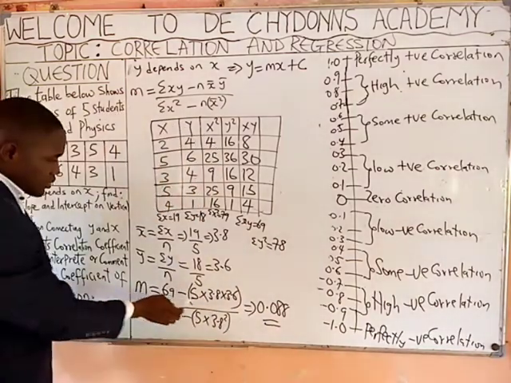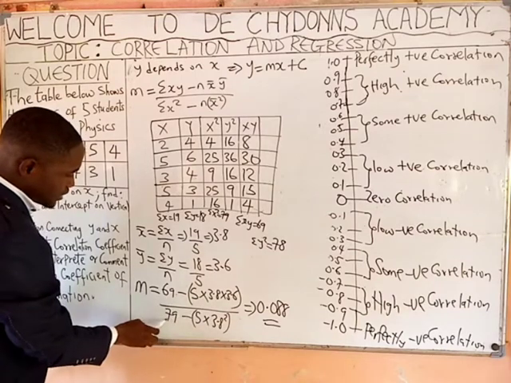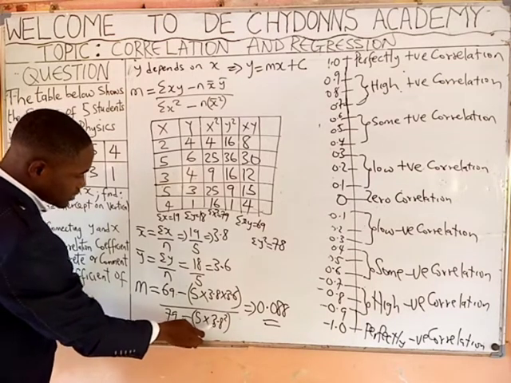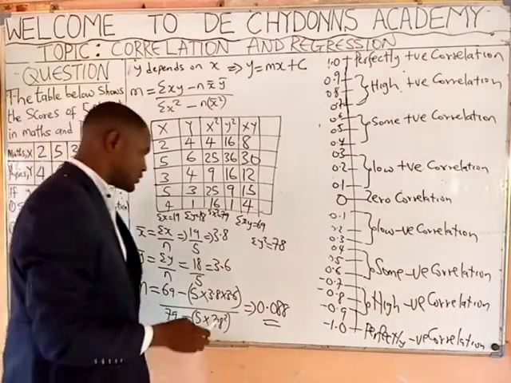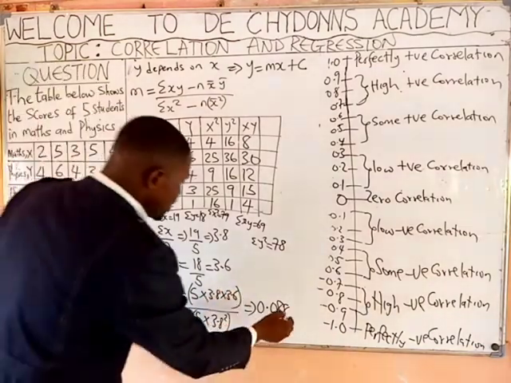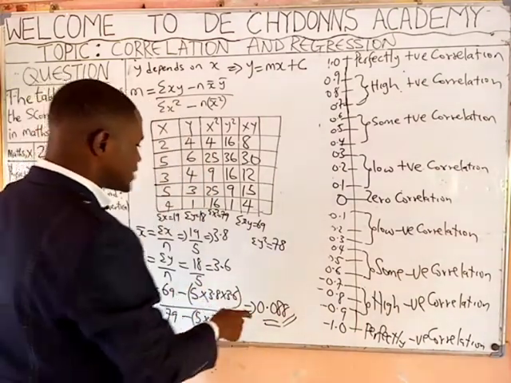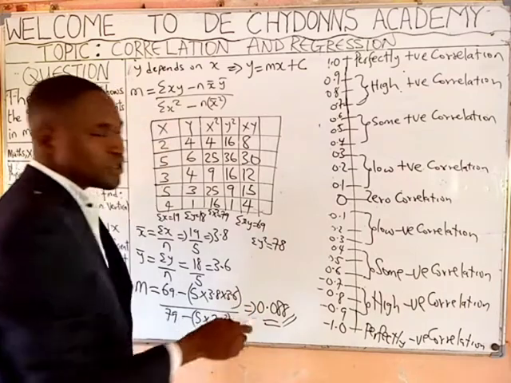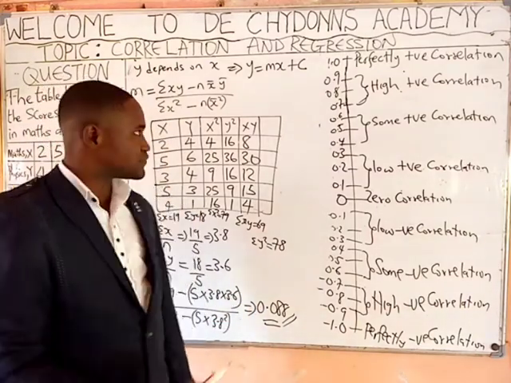Just say 69 minus 5 times this, over 79 minus 5 times this squared. Use your calculator and you'll be getting 0.088. This means that this is your slope. And since it is positive, it is a positive correlation. That is, the slope is positive.